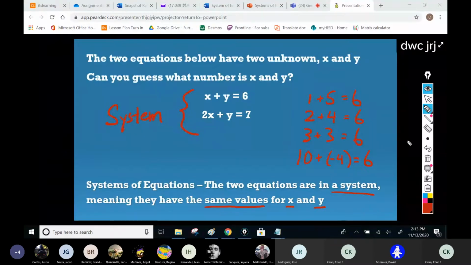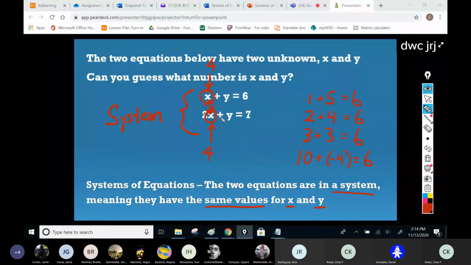For example, if x is 1 in the first equation, then in the second equation x must be 1 as well. If x is 4 in the first equation, in the second equation x needs to be 4 as well. So they are in a system.